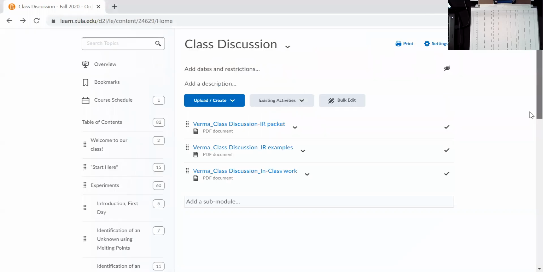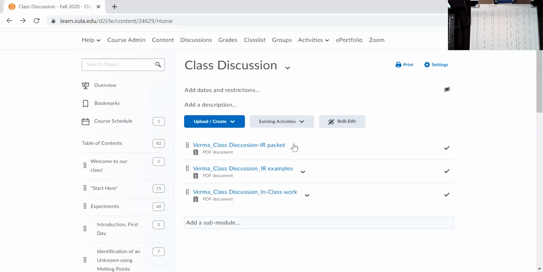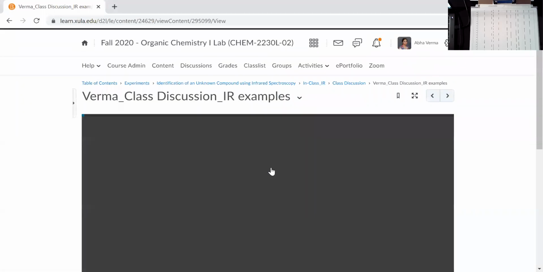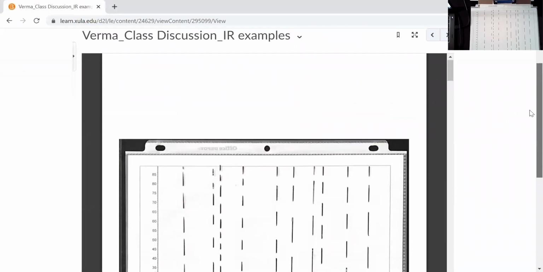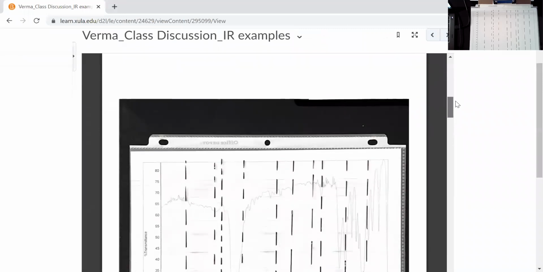For you to be able to solve IR questions, one of the first things that you should be familiar with are the functional groups.